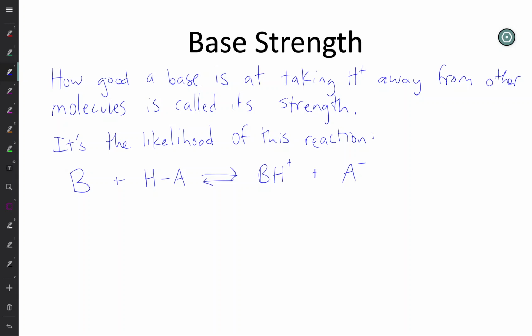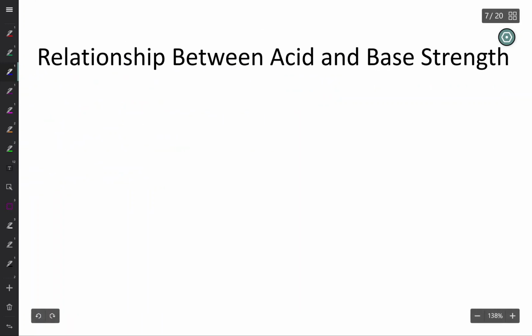So we mentioned you have this thing called conjugate pairs. An acid, when it loses H+, becomes its conjugate base. There's going to be a very straightforward relationship between the strength of an acid and the strength of its conjugate base. It's pretty intuitive.